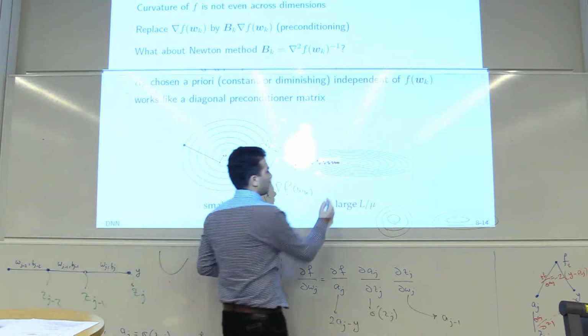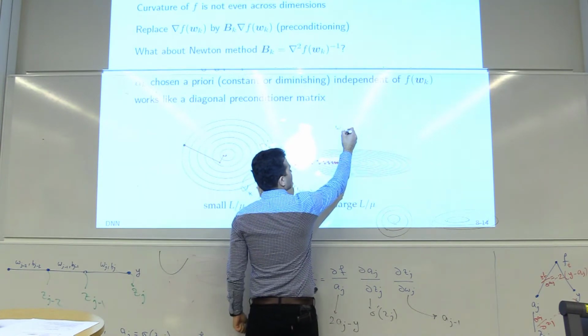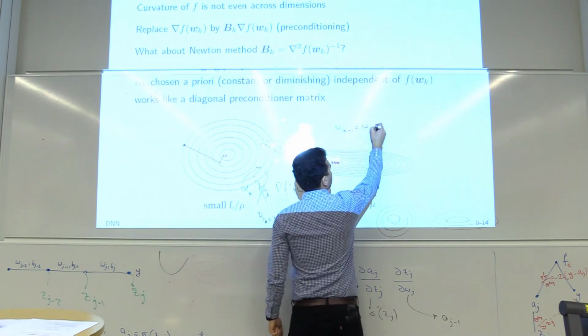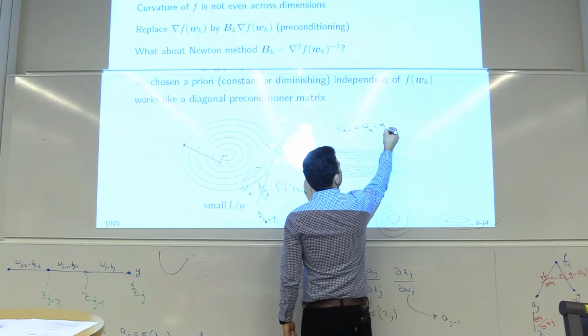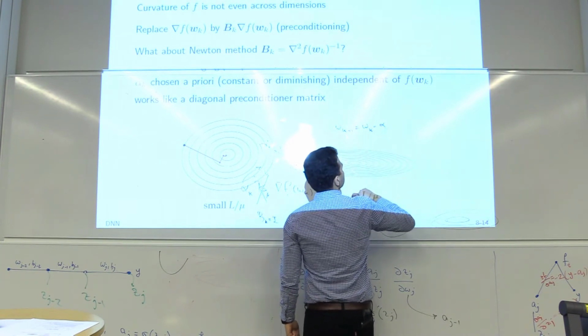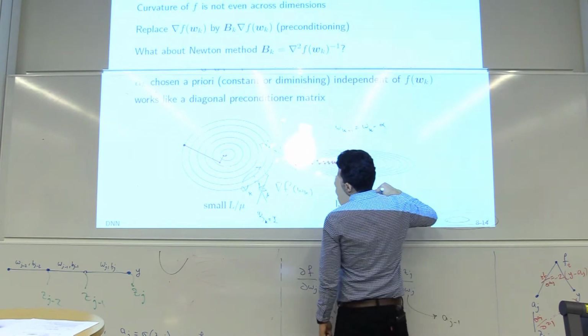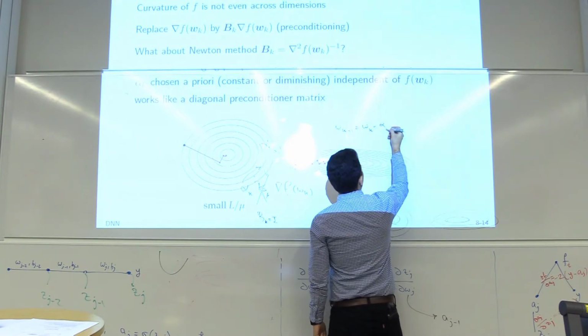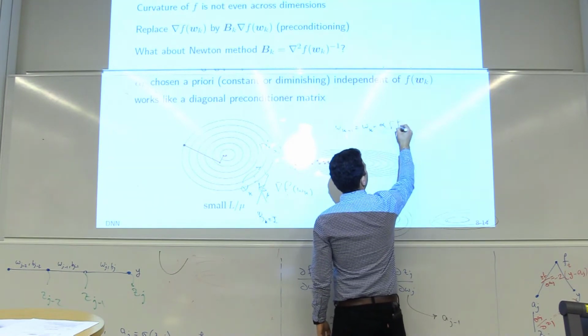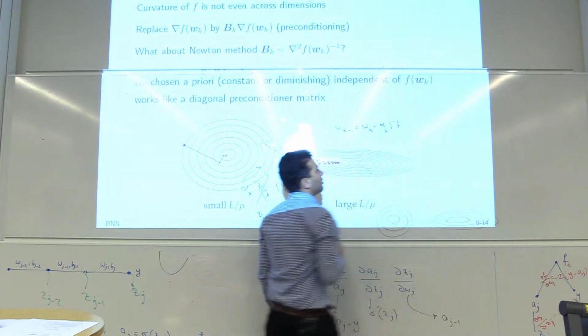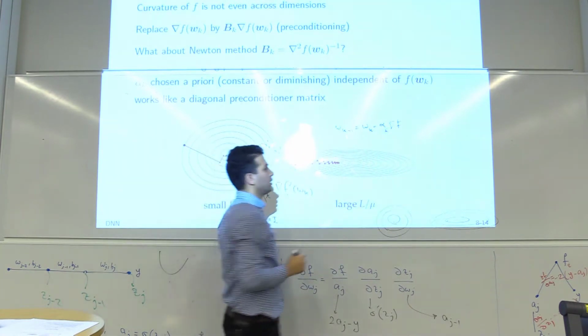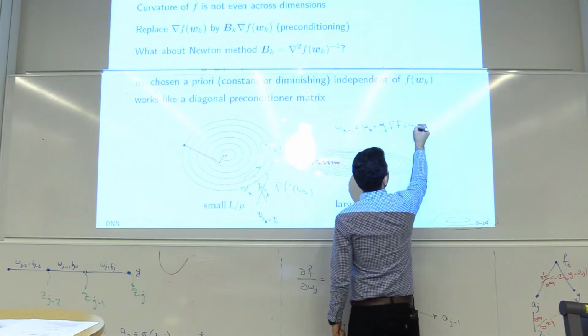In general, you have wk plus 1 equals wk minus alpha k times the gradient of f. For the sake of simplicity, I assume that this is just alpha, again constant, or diminishing alpha k, just for the sake of argument.